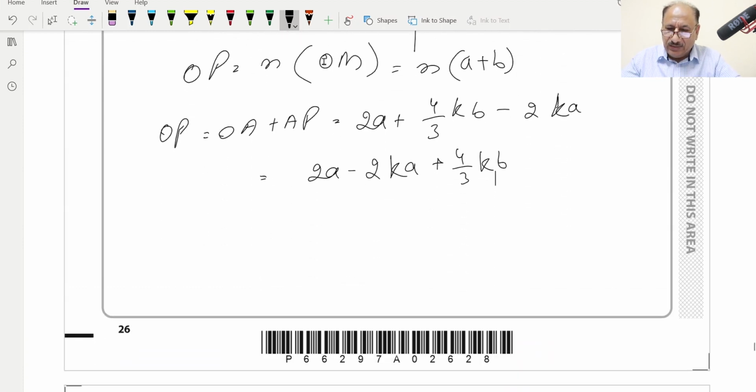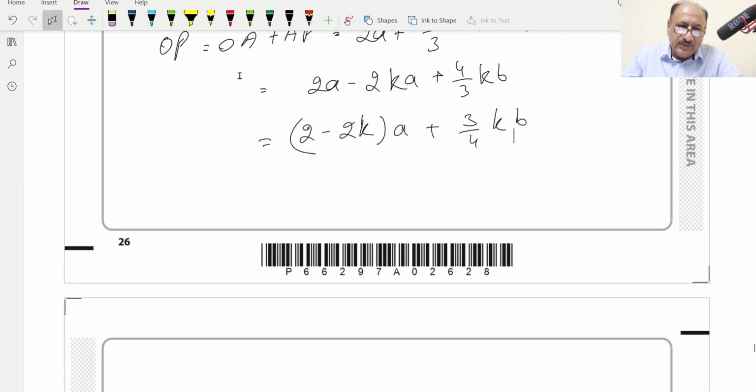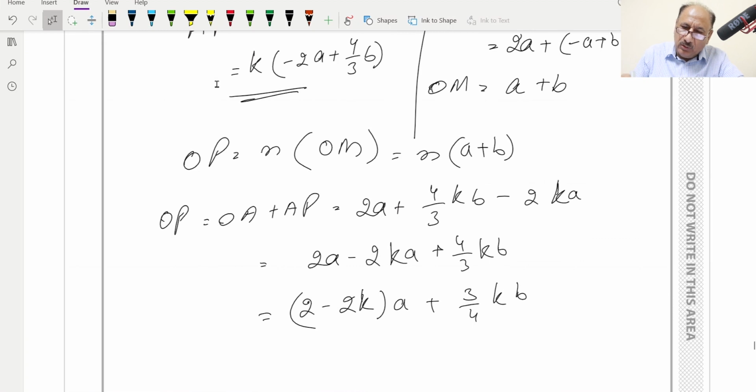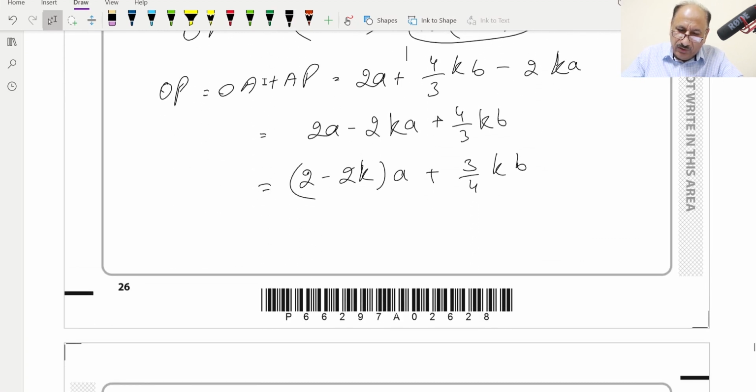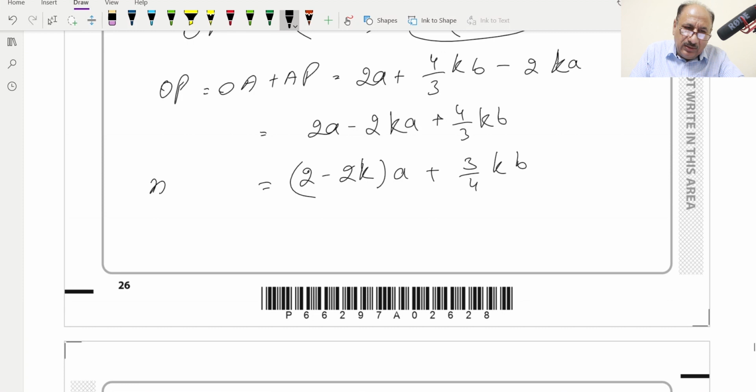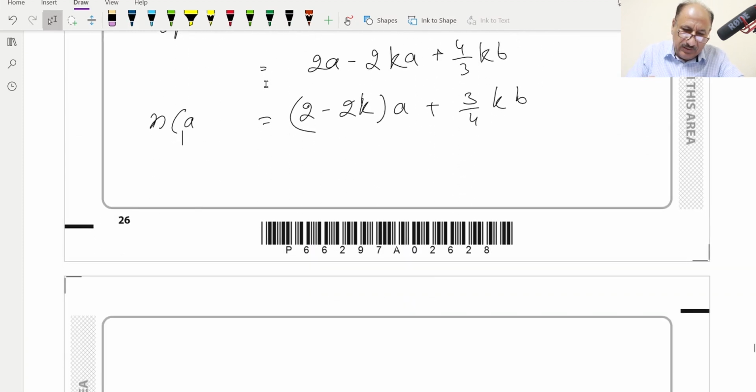Now we can take A common from these two terms, and inside will be 2 minus 2K, plus 4 by 3 KB. And we know OP is equal to N(A plus B).